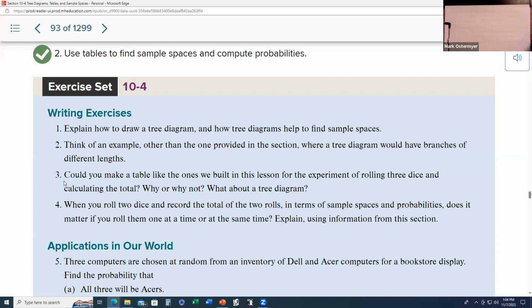Here's an interesting question. Number three, could we make a table like the ones we built in our PowerPoint for the experiment of rolling 3 dice and calculating the total? Would that be best rendered using a table or a tree? Do you think all the outcomes of rolling 3 dice?